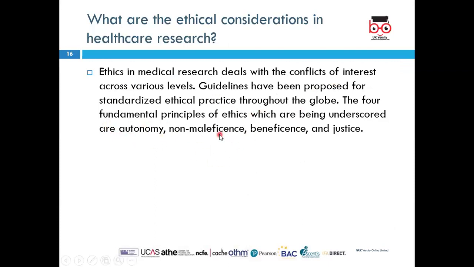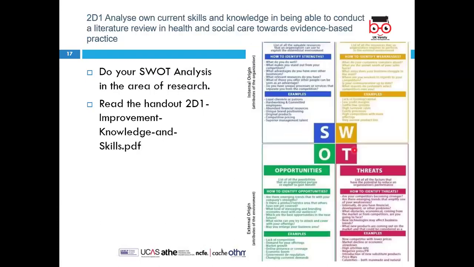Non-maleficence is not providing any harm, so the research should not harm anyone in any way. Beneficence, so it should be beneficial to the society and to the participants. And justice, so it should be justified. Whatever you're doing, it has to have justice.